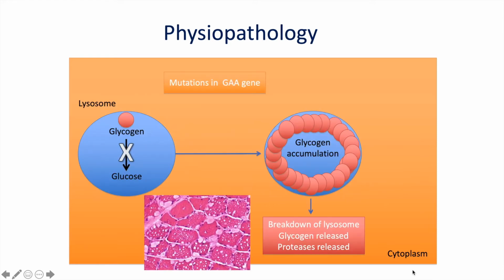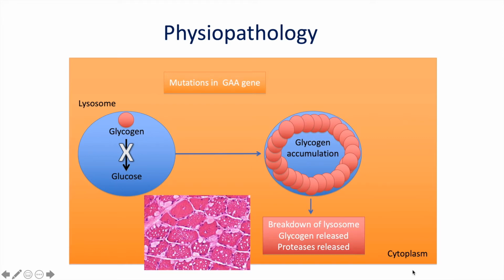When you have a mutation in the GSD2 gene, glycogen cannot be converted into glucose, and the cell still requires energy, so the cells keep sending glycogen to the lysosomes to be metabolized. The problem is that after a while, these lysosomes become full of glycogen, and we have a lot of lysosomes with glycogen inside the cells.